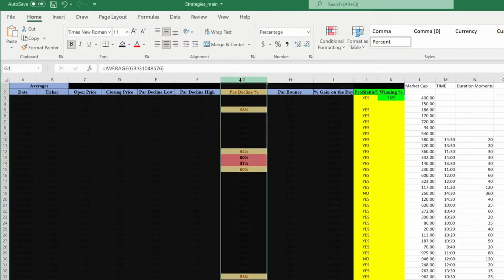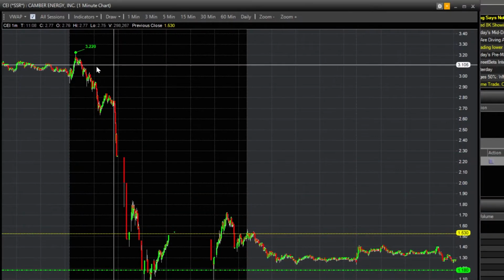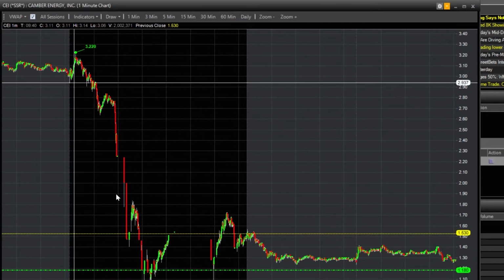The way you use it, you give a cell a criteria, and if it fits the criteria, it's going to be highlighted. So what I did was create a formula that pulls the decline, the parabolic decline, which is this. This is called parabolic decline.